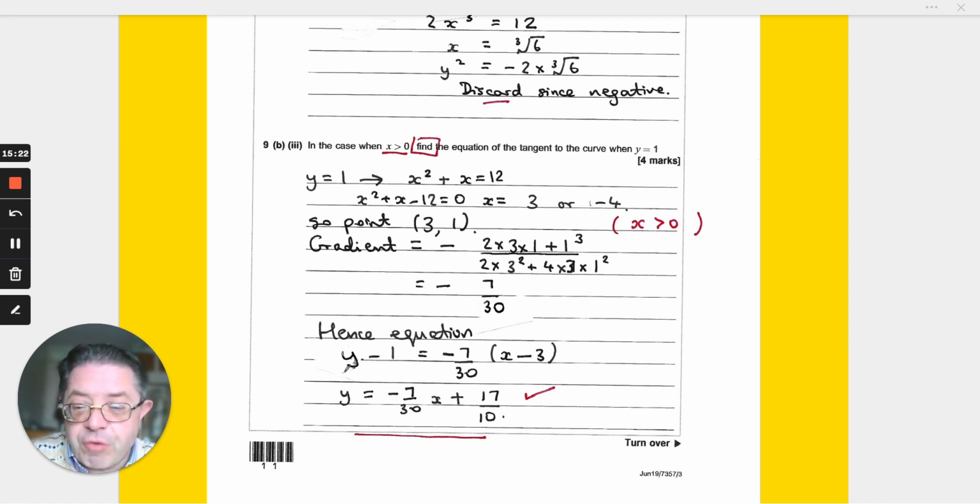Substitute that into the formula for dy/dx. I get minus 7/30. So I want the equation with gradient minus 7/30 and going through the point 3, 1. And that is y equals minus 7/30 x plus 17 over 10.